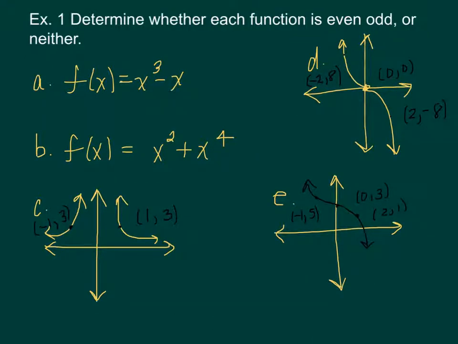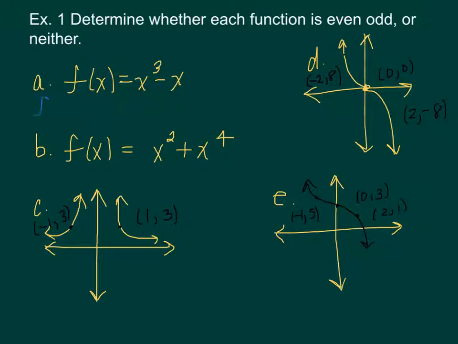Okay, let's look at this example. We're going to determine if each function is even, odd, or neither. So let's start with example A. So remember, if it's an equation, you can always graph it if you have a graphing calculator to determine it. And just draw the graph and you can tell me if it's even or odd. Just sketch the graph so I'll see it.